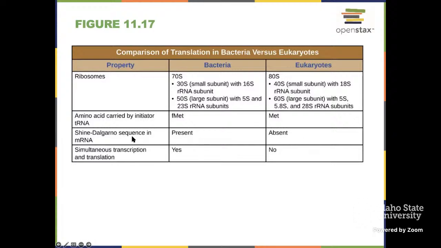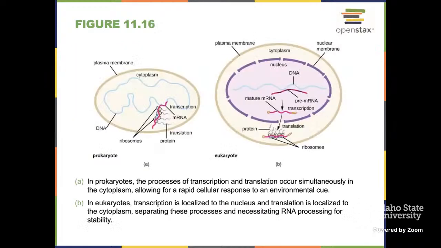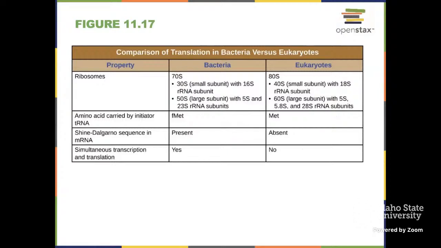And this is just a little bit of sequence upstream from that start codon that helps to facilitate the linking up of those ribosomes. I mentioned before the interstate and the on-ramp and stuff like that. I really kind of feel like it's sort of a similar idea to that.